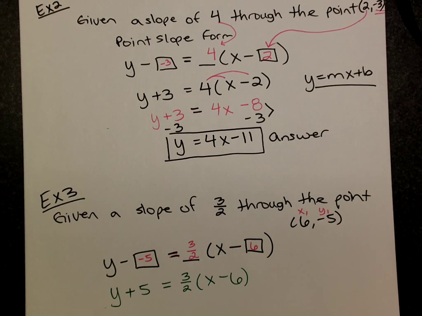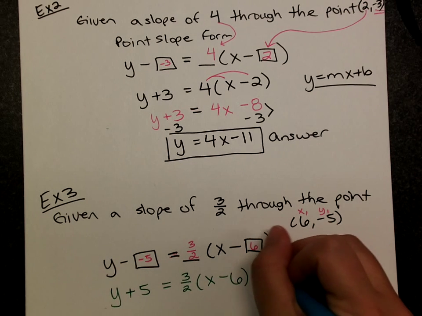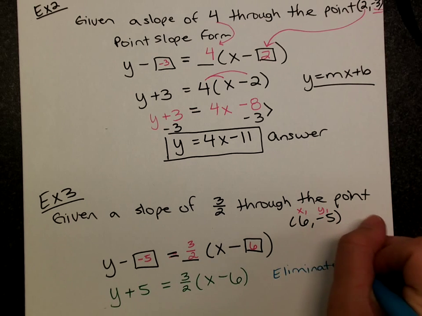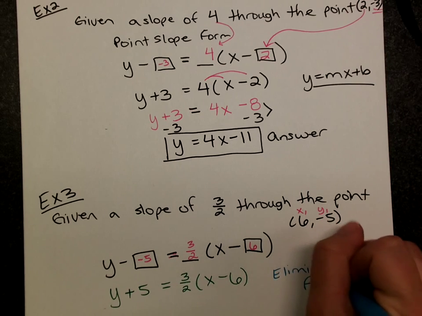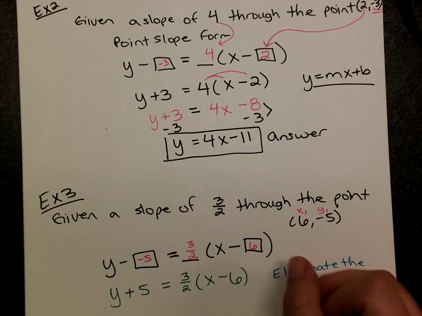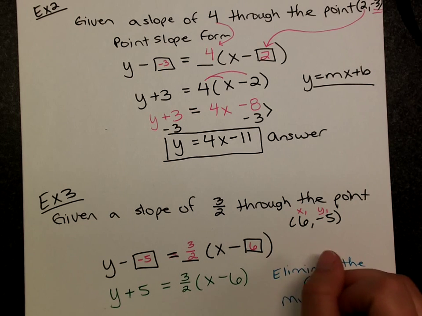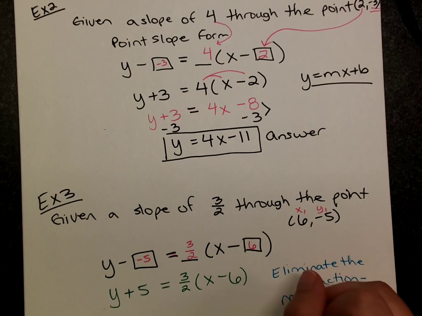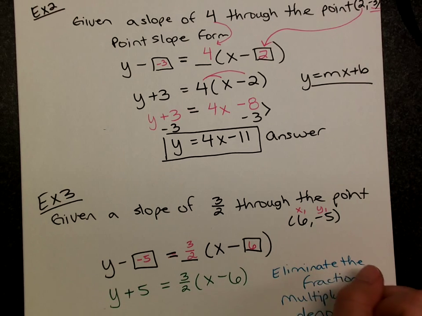From here, you can work through it with fractions, but I think it's easier to eliminate the fraction. And we do that by multiplying by the denominator.